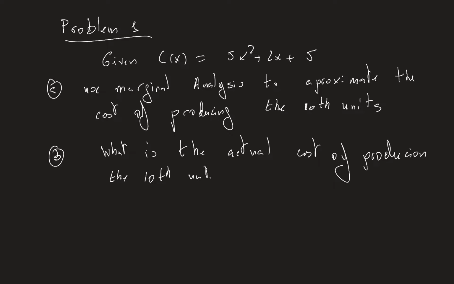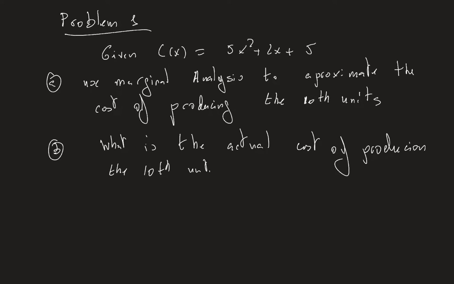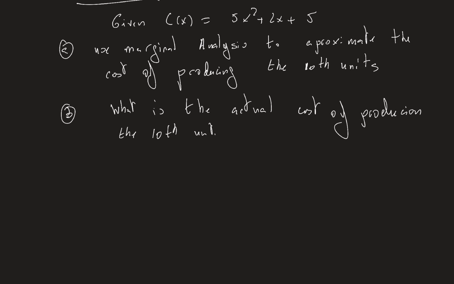It's about marginal analysis. If you remember, marginal analysis is about finding... you have the cost of producing x units, and this is a curve. And the curve says that to produce, let's say, 10 units, you will spend, let's say, $100.